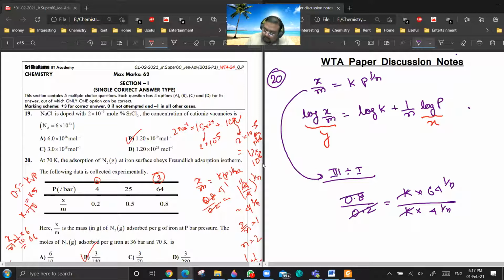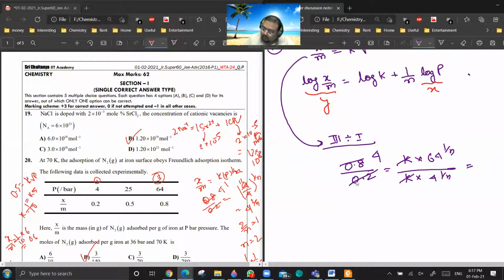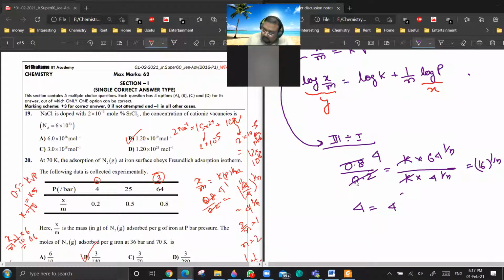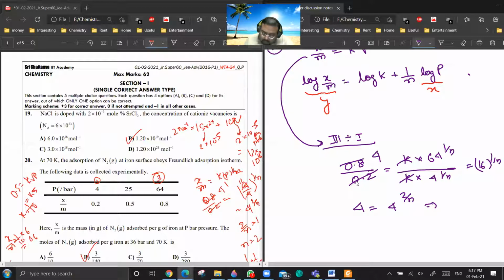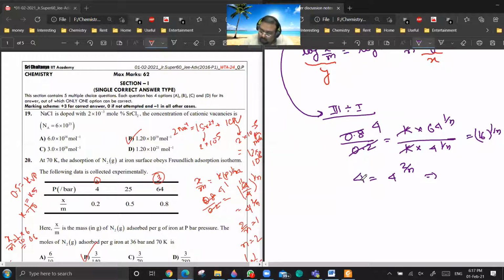K cancels out. So this is 16 to the power 1 by n. And so 4 is equal to 4 to the power 2 by n. 0.8 and 0.2, it is looking good.